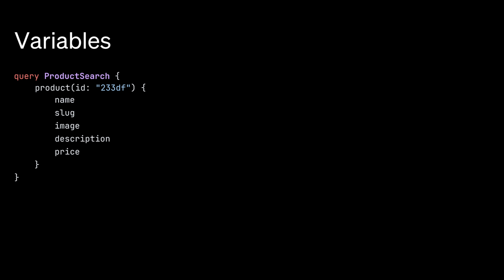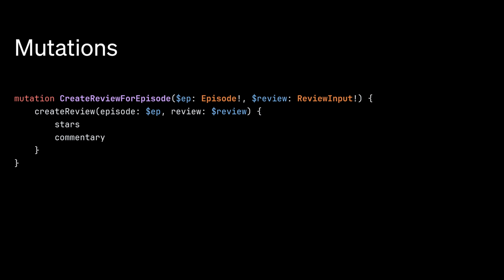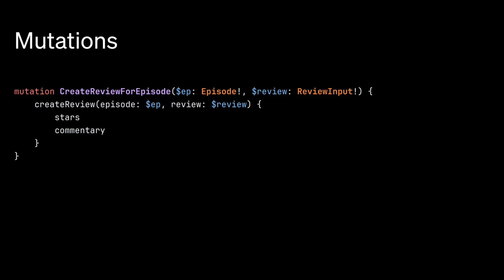First we update the query to accept a productId variable, and then we update the ID being equal to 233 to that variable. Along with our query, we also send a list of variables for it to replace on the server. And those are variables.